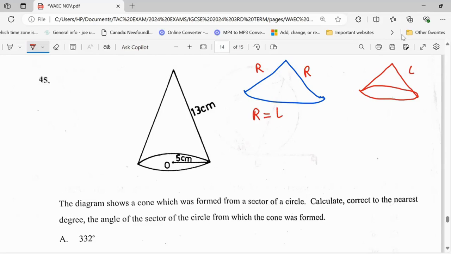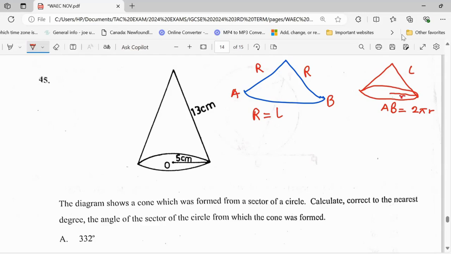Now, the sector has an arc, AB. The length of arc becomes the circumference of the circular base of the cone. This length of arc AB becomes 2 pi r, where r is the radius of the base of the cone.